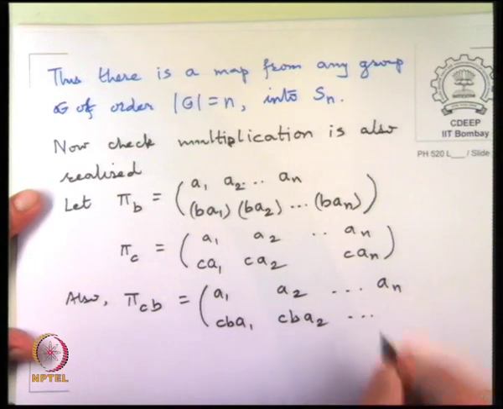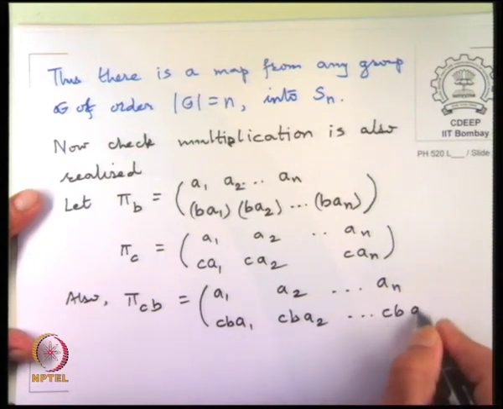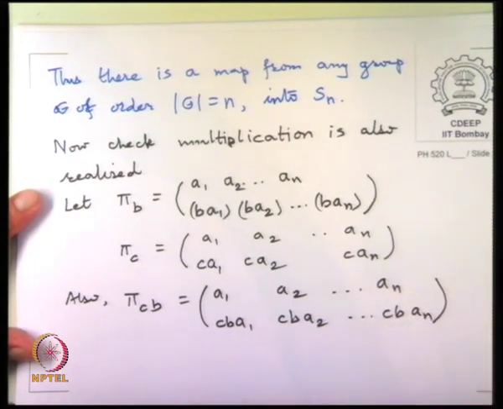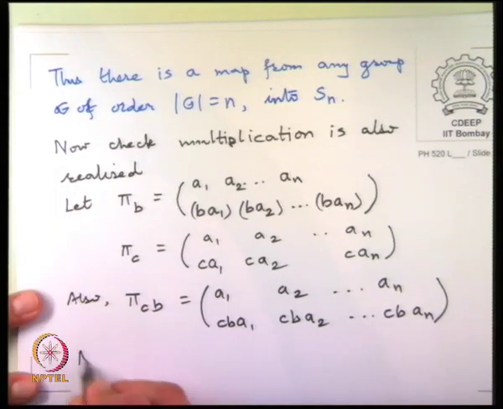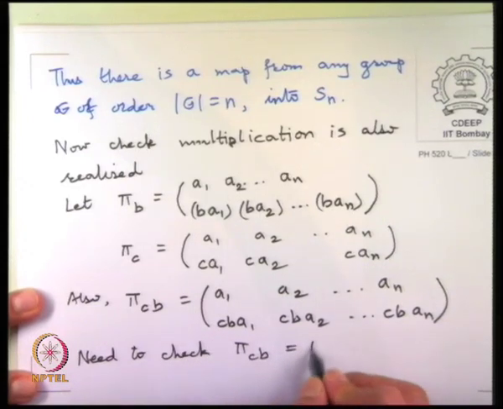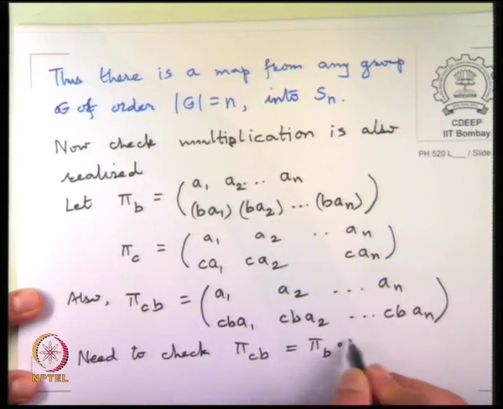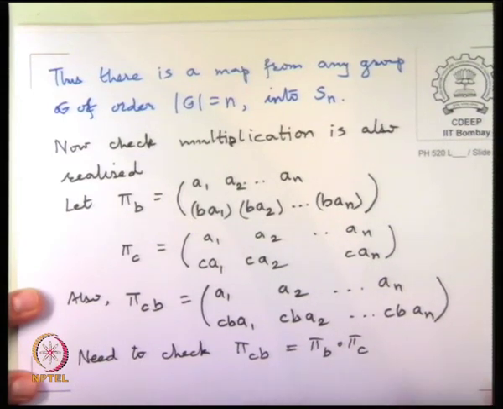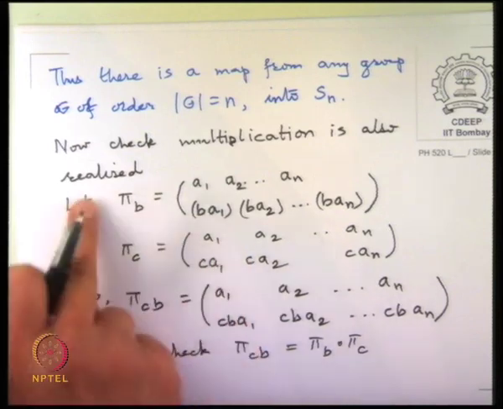Okay. Let us check that pi Cb is same as pi. So in group theory we have to remember to write it like this. Okay, it's pi C, so C will act first, then B will act.